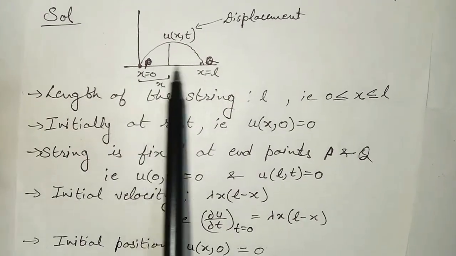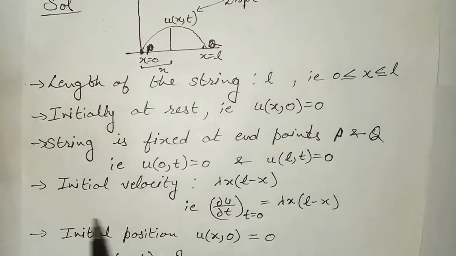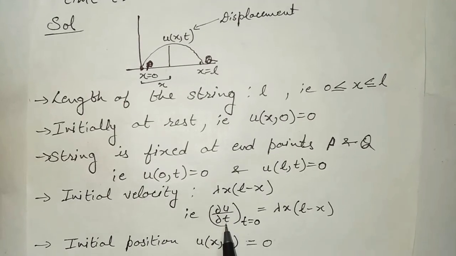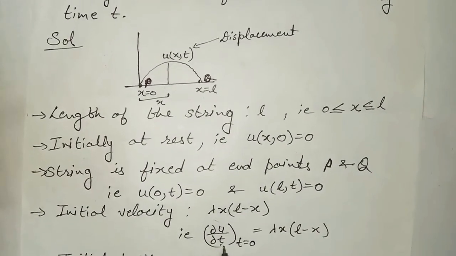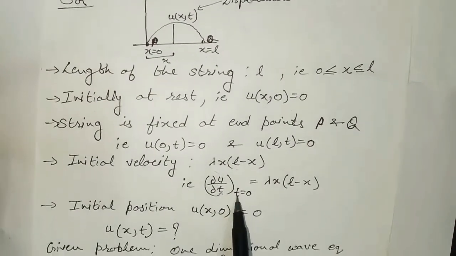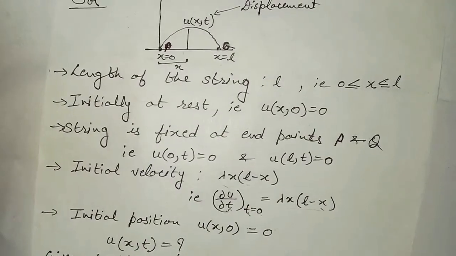It means there will not be any displacement at the endpoints because they are fixed. Initial velocity is this. Initial velocity means del u by del t, the first partial derivative of u with respect to t. This shows the velocity, and this is the initial velocity. Initial means when t is 0, then the velocity is this.